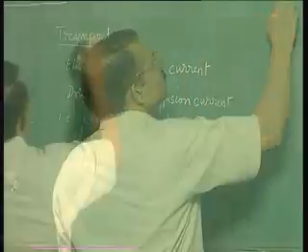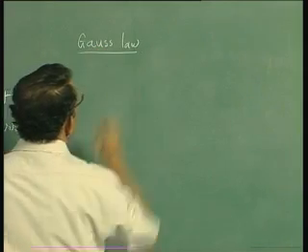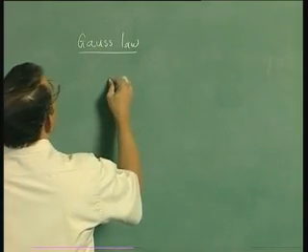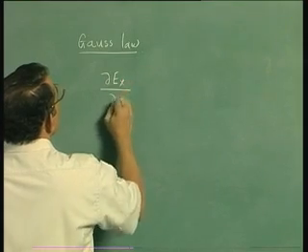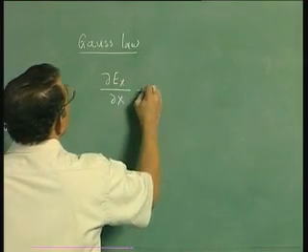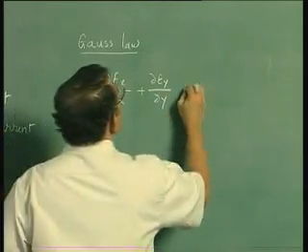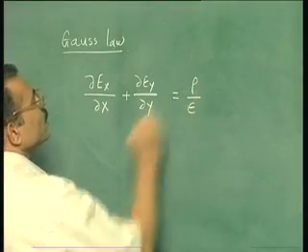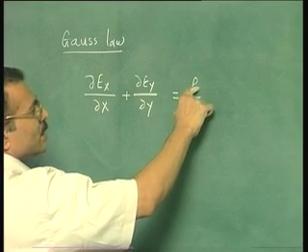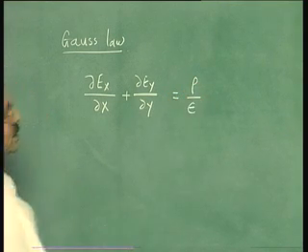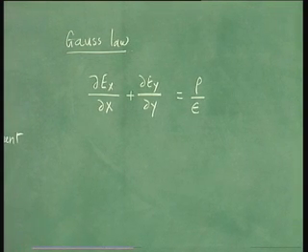So Gauss's law. In this case, it is a two-dimensional picture. So dou Ex by dou x plus dou Ey by dou y is equal to rho by epsilon, where rho is the space charge including the depletion and inversion charges. So please recall what the x and y directions are.